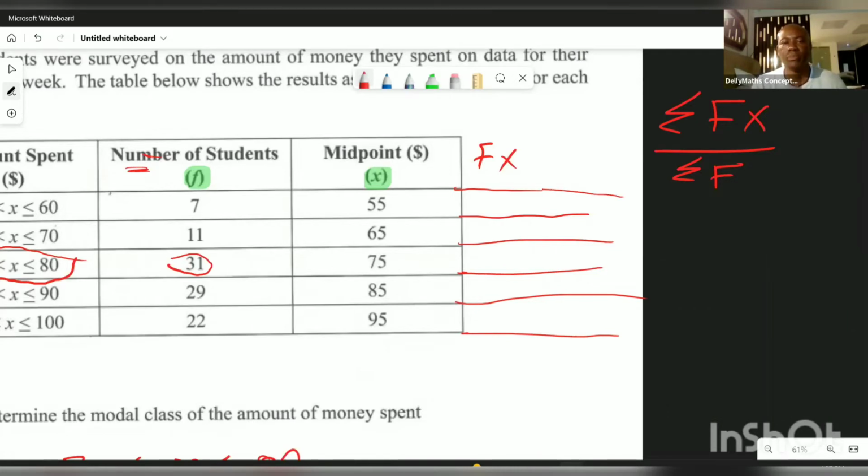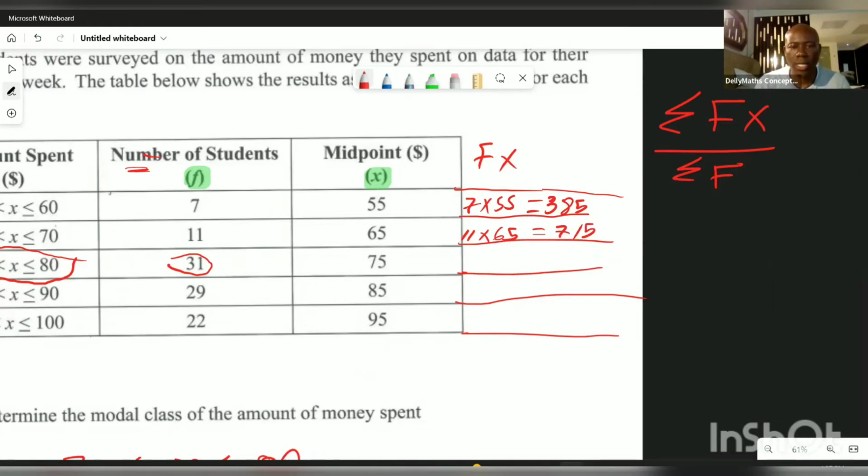So let's go. For fx, we're talking about 7 times 55, which gives 385. The next one is 11 times 65, and that's 715.